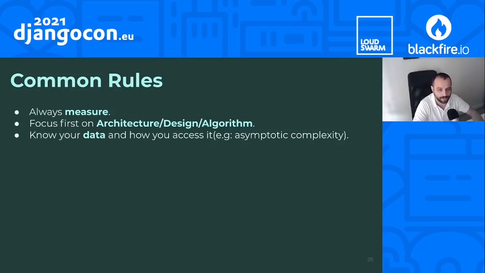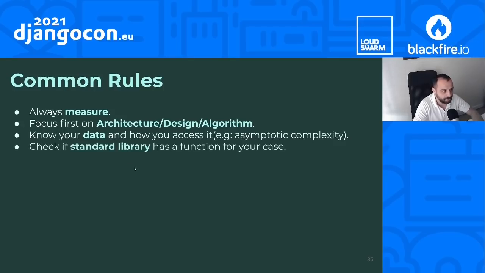For Django code, this concept might be applied to models, for example. Like, you should avoid referencing a foreign key in a loop without a prefetch because it might cause an n+1 problem. Or maybe you should try to avoid retrieving too many objects at a time from the DB, etc. You know it. So always know your data and how you access it.